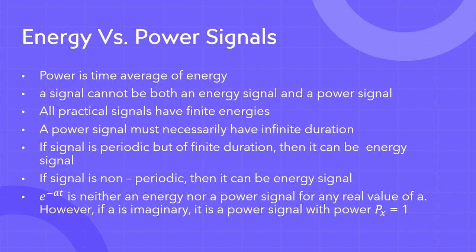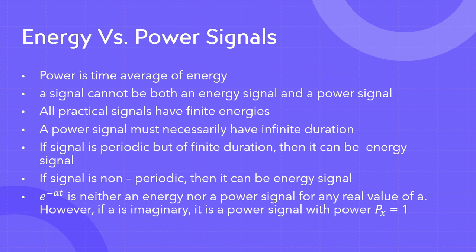If you are saying that your signal is neither continuous nor discrete, that is not possible. The same way, your signal is either analog or digital. Again, your signal is either periodic or non-periodic. There is no third category.